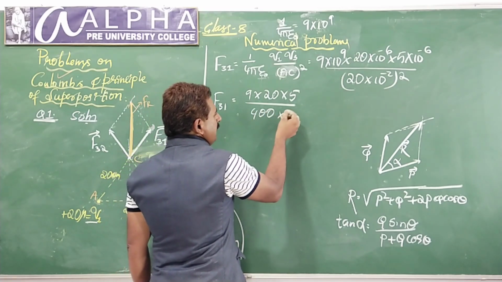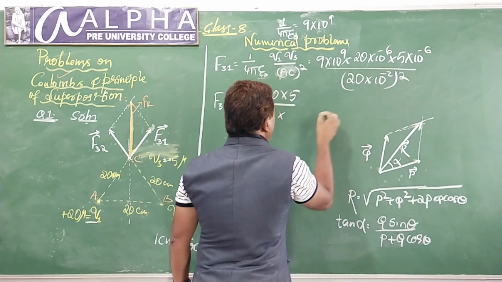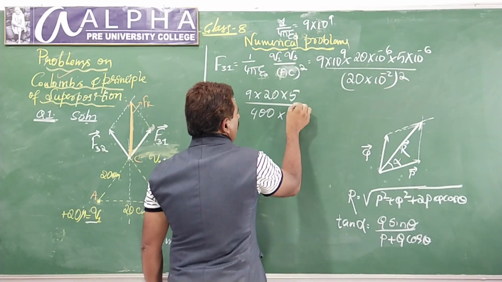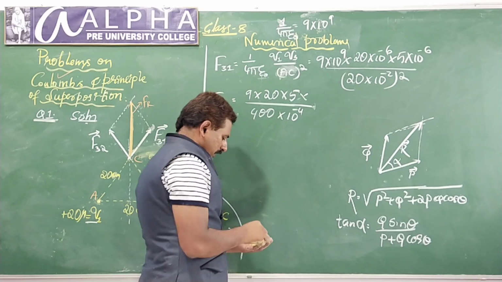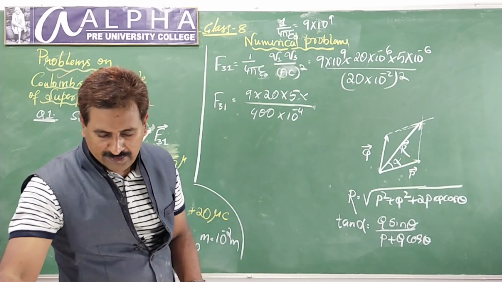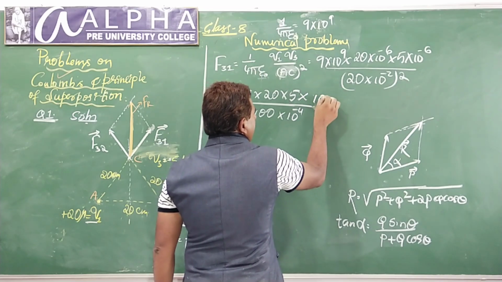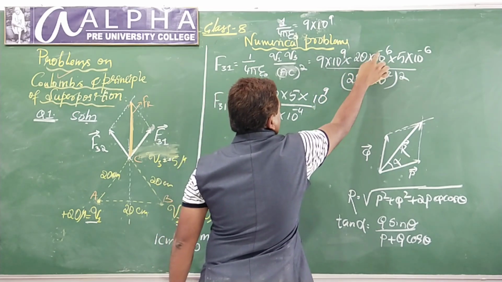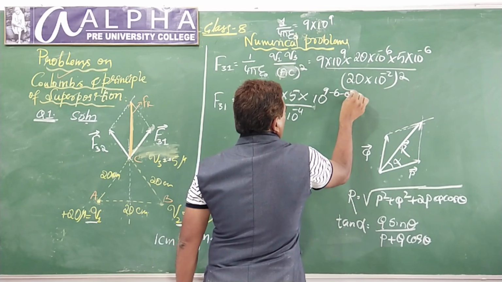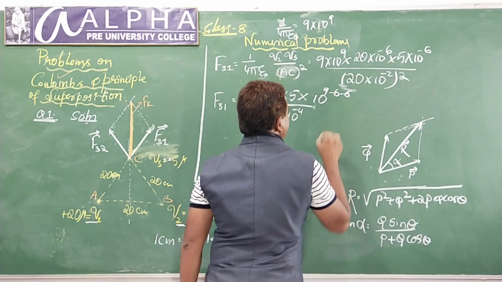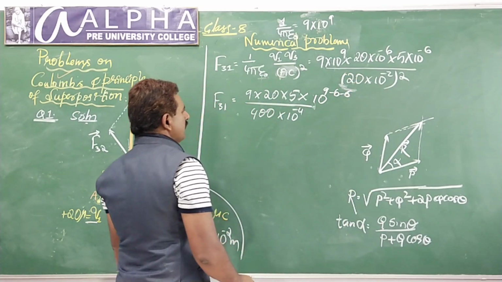Denominator, the power is 10 power 2 squared. What is that? 10 power minus 4. And in the numerator, you collect the powers of 10. Here 9, here minus 6, and one more minus 6. You can easily simplify.